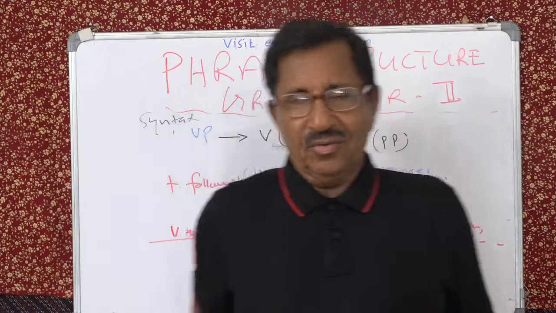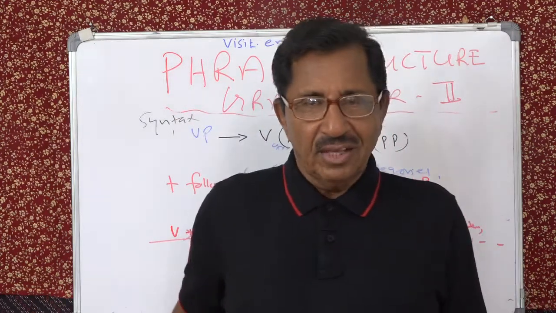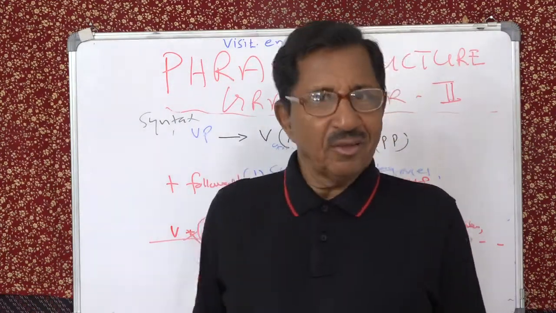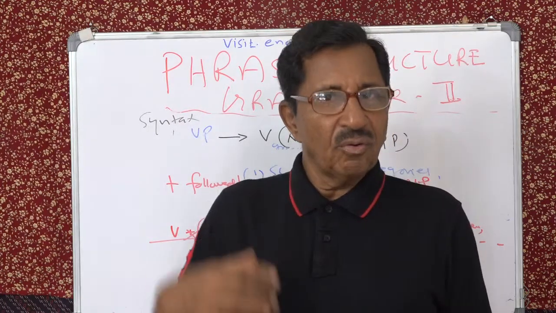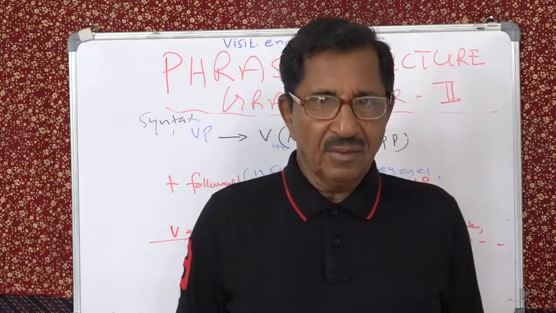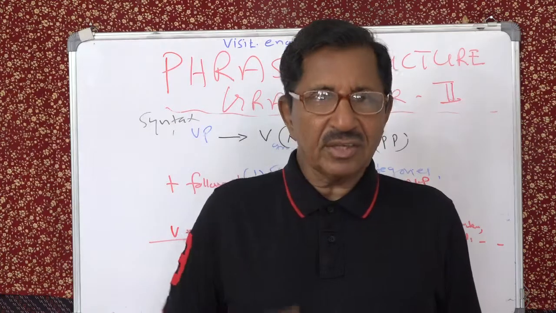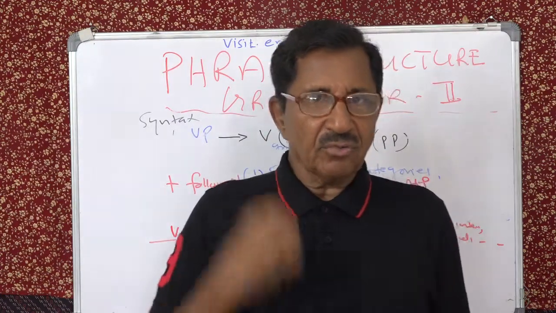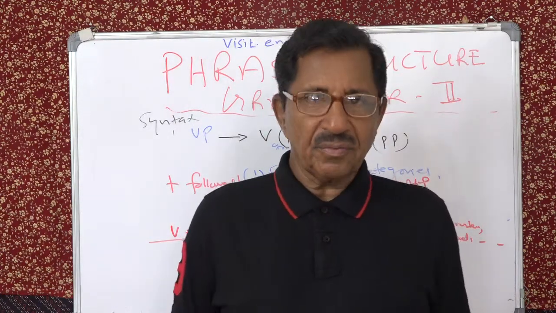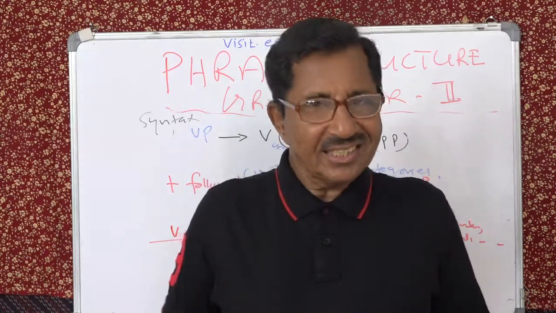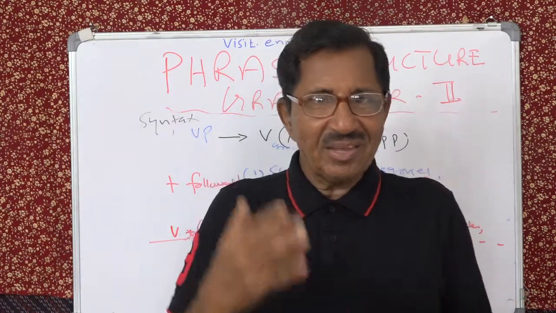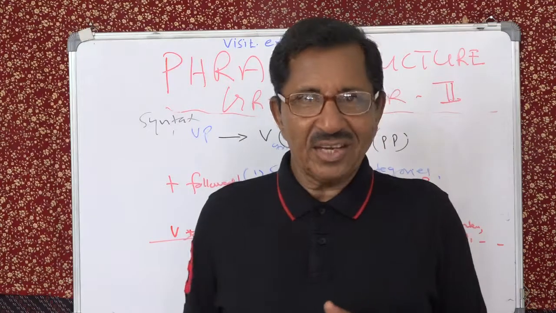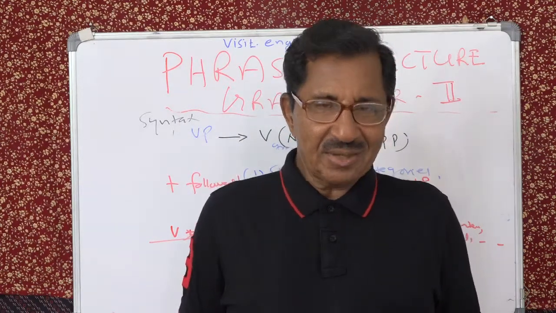So we will wait for that. But until we reach X bar, you should have a thorough knowledge of what a noun phrase, verb phrase, adjective phrase, adverb phrase and prepositional phrase are. Only then will you be able to reach that. Before that, step by step.